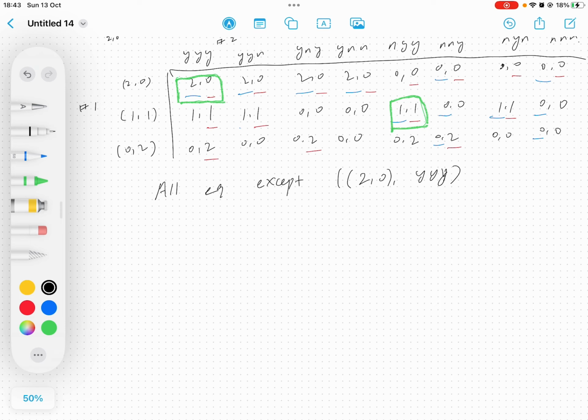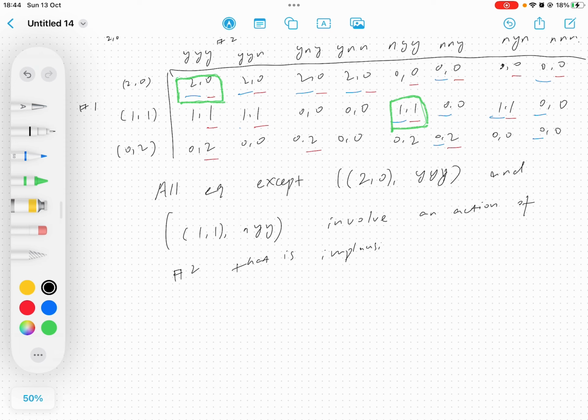So do not write payoff for the equilibrium. So 2-0 y and 1-1 and y. Okay, except those. So all the other equilibria involve an action of player two, which is implausible.